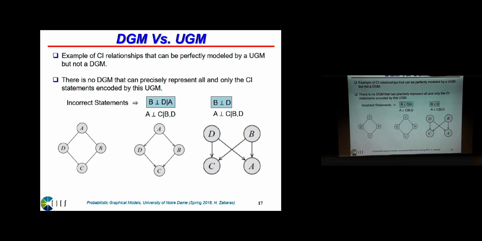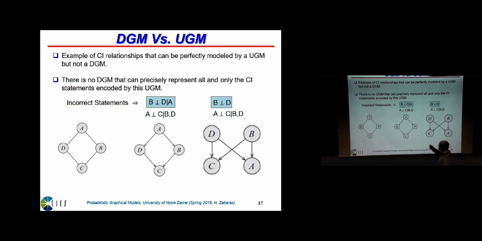That's obvious, isn't it? So B is independent of D. There is no such thing as B independent of D in the undirected graph. So you can try other cases.